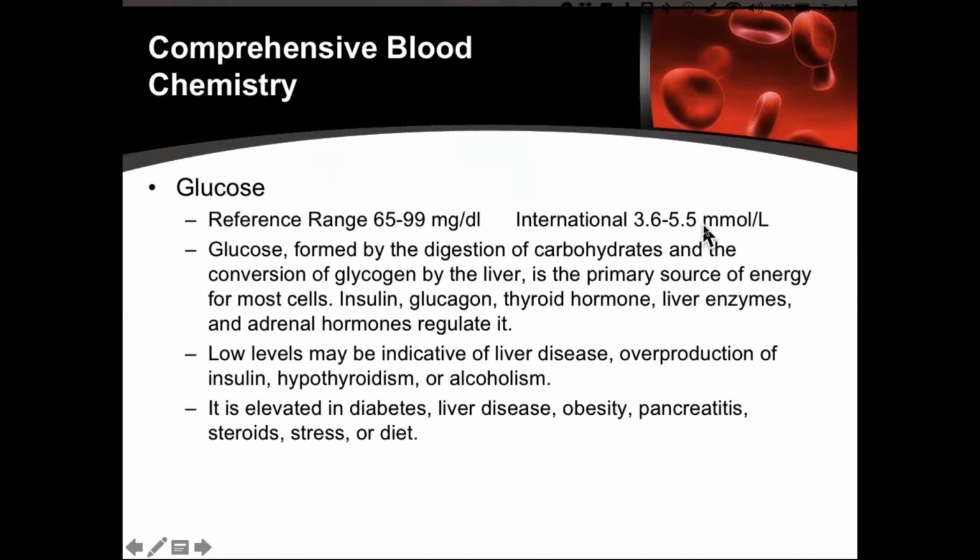All right, so let's talk more about it. Where do we get our glucose? It is formed by digesting carbs. The carbs are something that's in your diet. Once you metabolize those carbs, the body takes them, turns them into energy, and sends it to a couple of different places. It's going to send some of it to the brain primarily because the brain loves glucose.